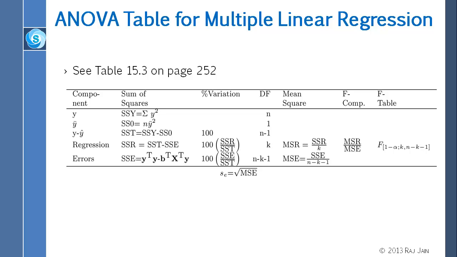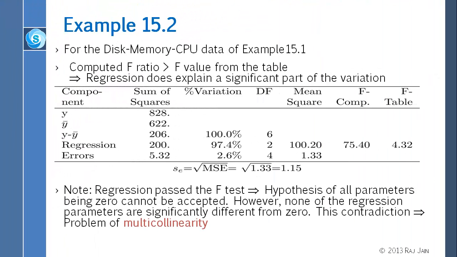So I think the best thing is to do an example. The example that we just computed, the CPU disk memory example: the sum of squares of y is 828, and the sum of y bar squares is 622, so the unexplained variation is 206. It was 205 point something before, right?